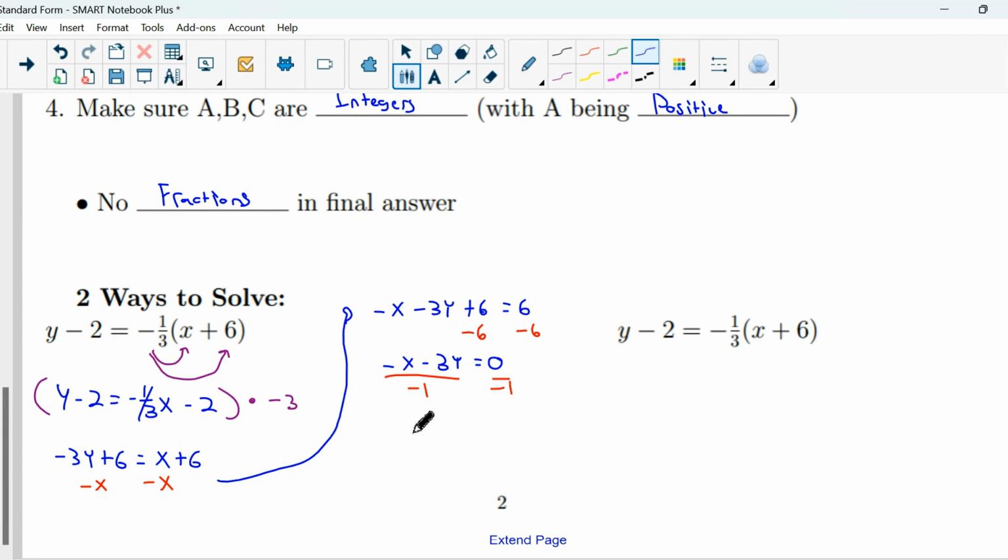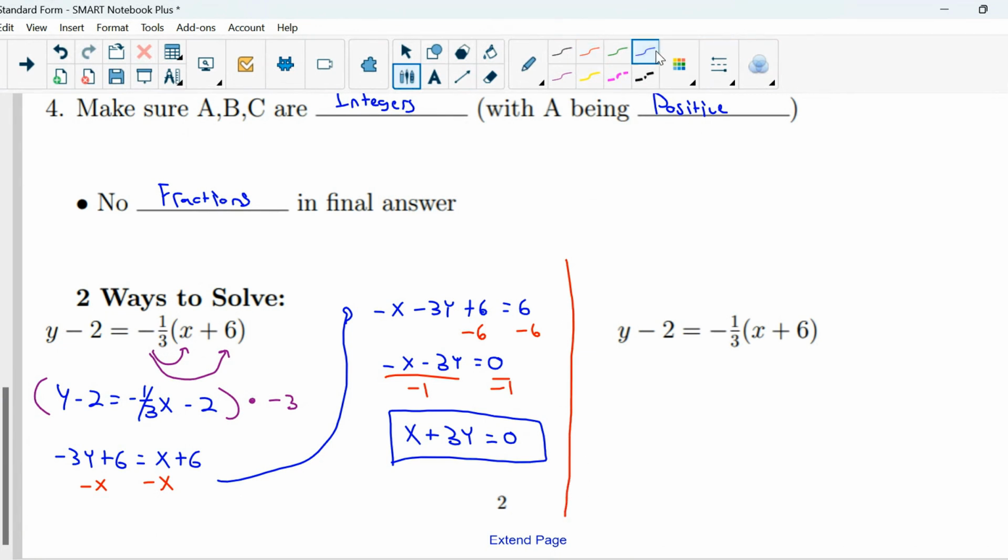So that gives me x, negative 1 times negative 3, gives me positive 3y equals 0. And right there is one way to solve for standard form. All right, that is solving for standard form using distribution as your first step.